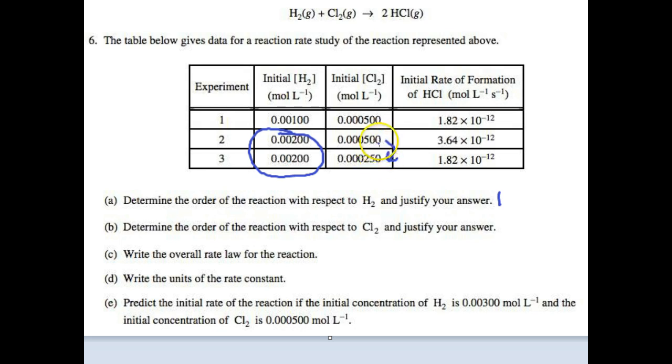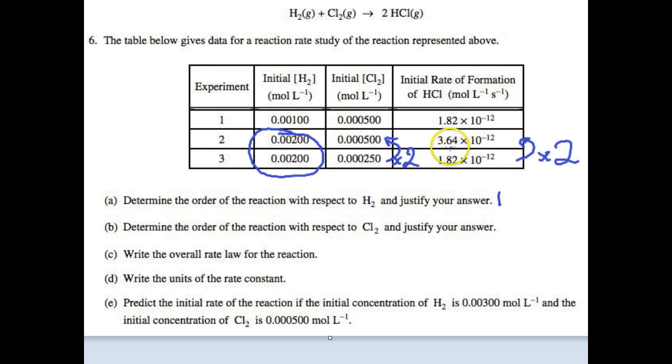I know that 500 is double 250, just mental math. From experiment 2 divided by experiment 3, that's a multiplication of 2 there. What about this? From experiment 3 to experiment 2, this is also times 2.